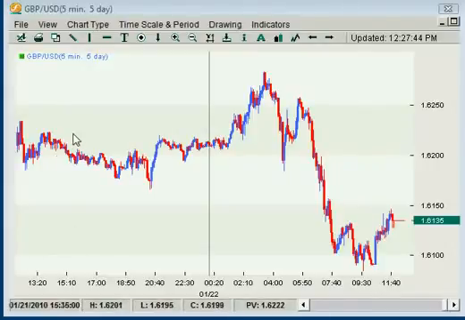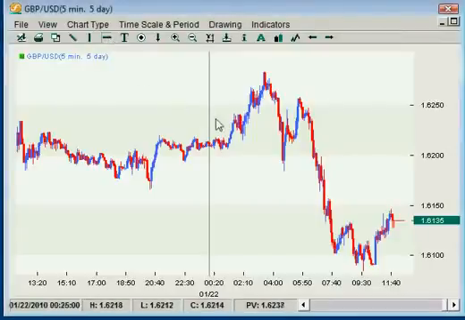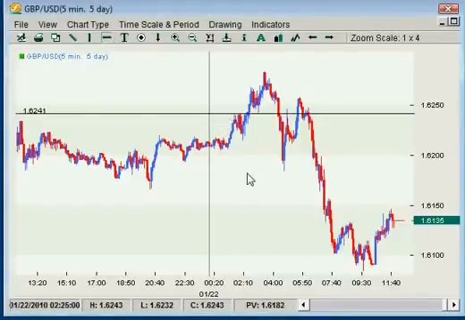So here we have the chart of pound dollar. This is yesterday's end of North America and beginning of Asia. And as you can see, basically the highs from Asia are at around 62.40 or so, right over here. These are the highs that were made in Asia. We had a little bit of a retrace, and then the highs are made again.